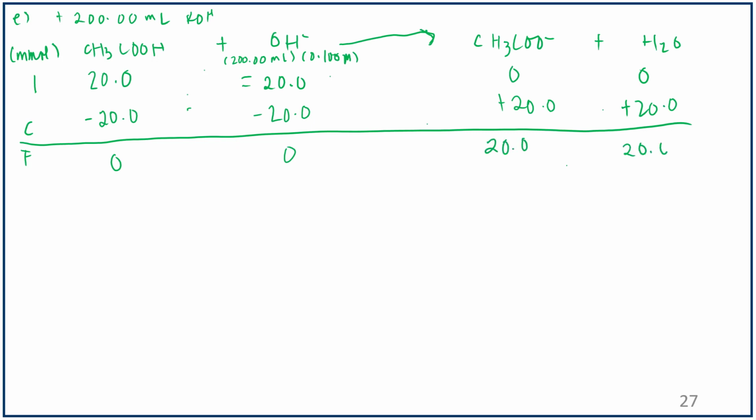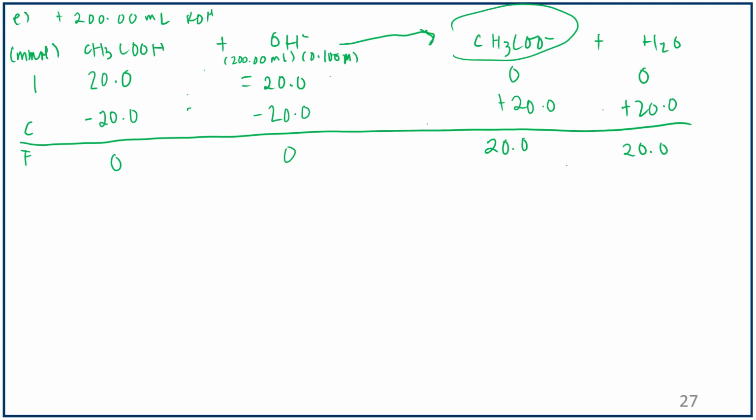Okay, so since we have acetate ions here as the dominant species in the solution, to calculate the pH, we first need to know the hydronium ion concentration that it will produce when it is in equilibrium with water.